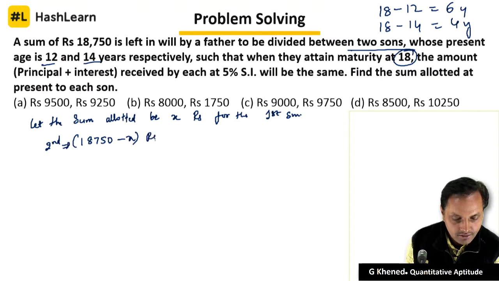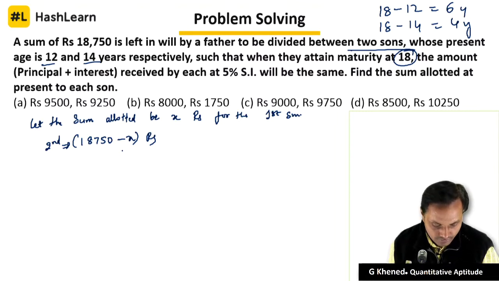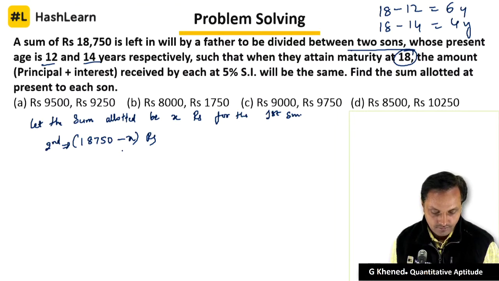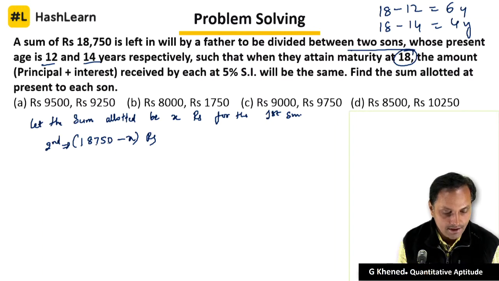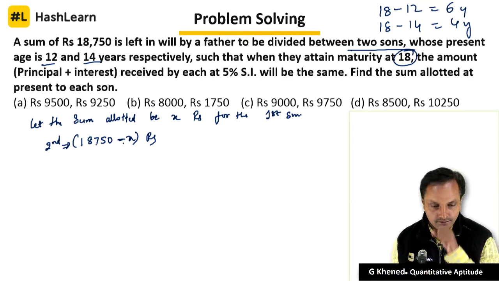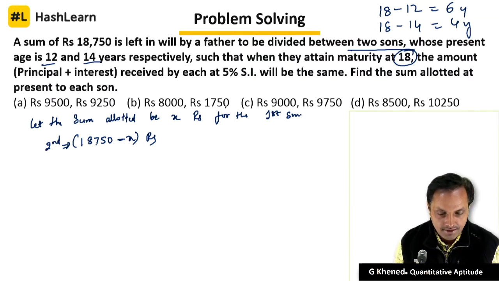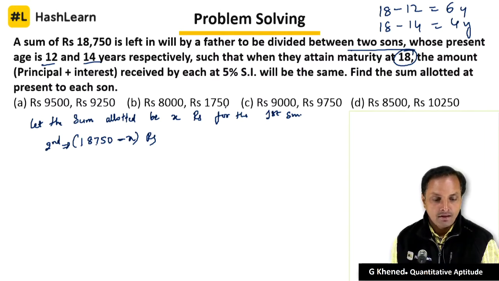It will be 18750 minus X, and the first is X rupees.